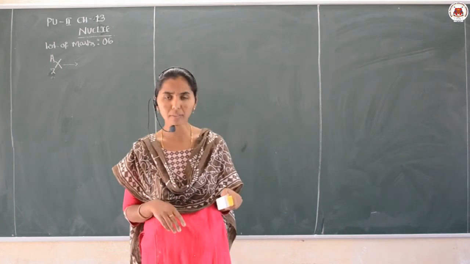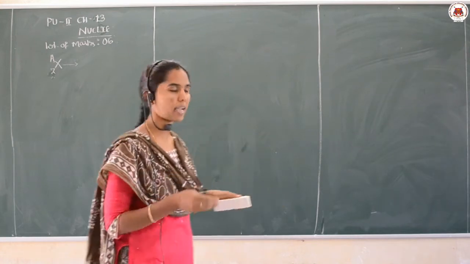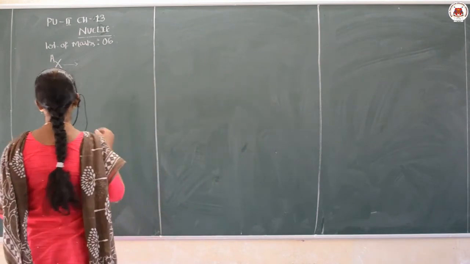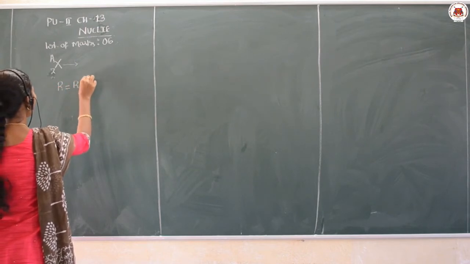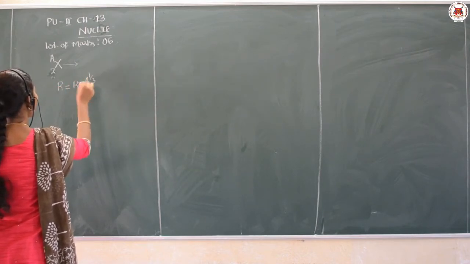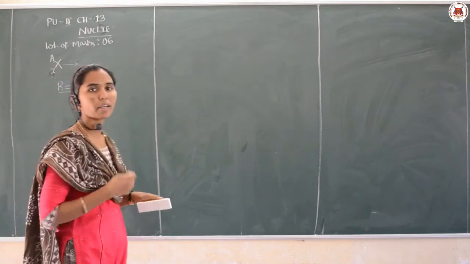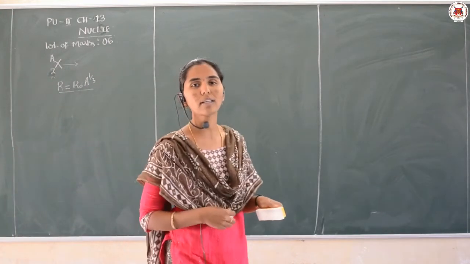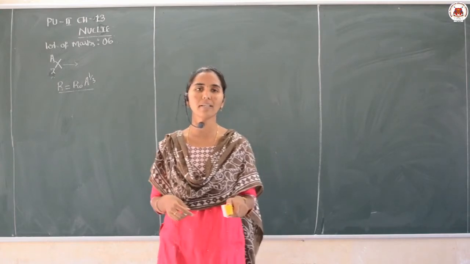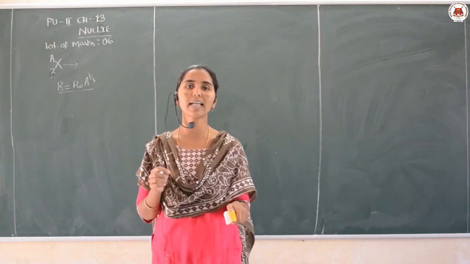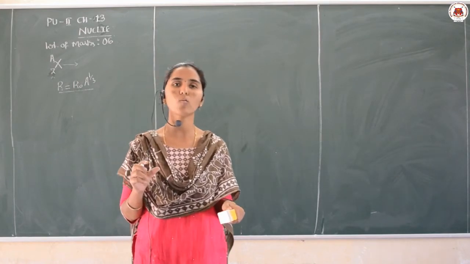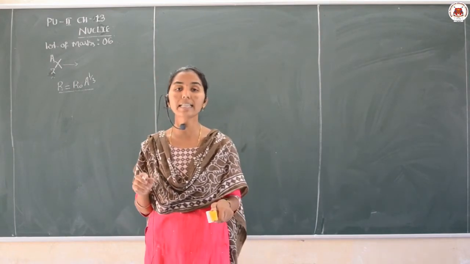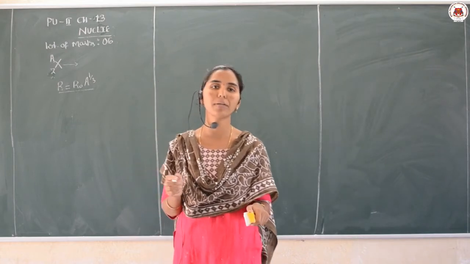Then next, nuclear size, where nuclear size can be given by R is equal to R naught into A raised to 1 by 3, because we considered that the nucleus of an atom is spherical in shape. If R is taken as the radius, then its volume, the size of the nucleus, is directly proportional to the atomic mass number.